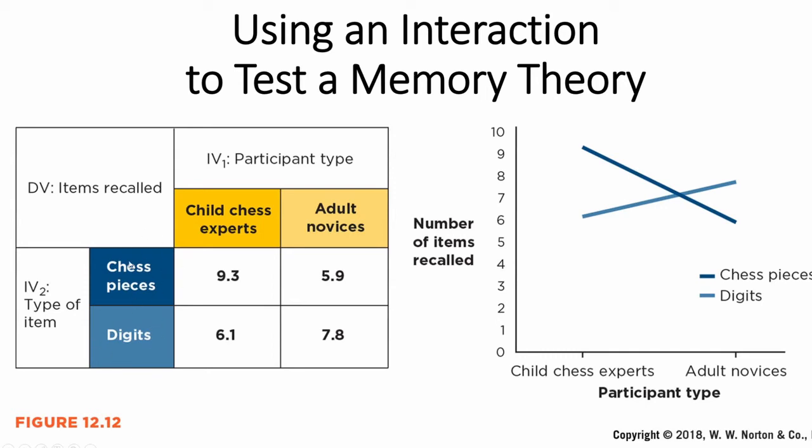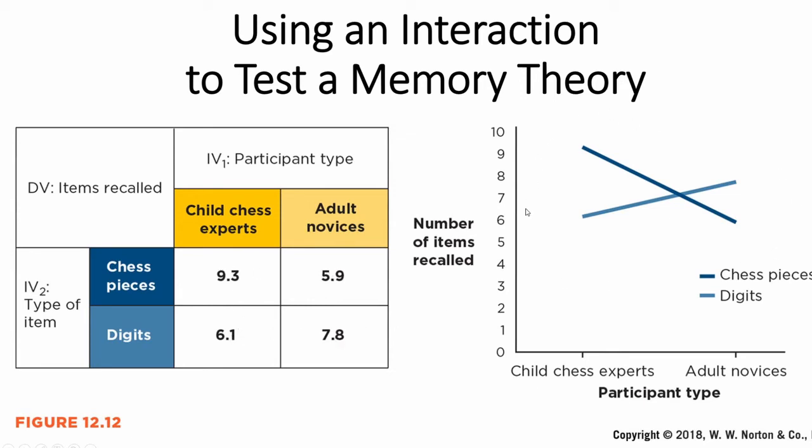So they don't have an associated function like a chess piece. And then our dependent variable, the thing that we're measuring here, is the number of items they recalled. So for the chess pieces, how many chess pieces did they recall? Or for the digit memory test, how many digits did they recall? And so we have our 4 different cells with the value of the DV that they recalled.